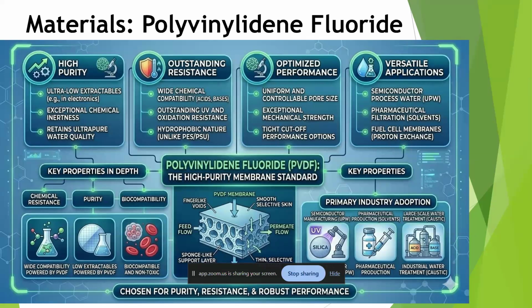It can be used for multiple applications, not just in water purification and gas separation, but also in fuel cell membranes and other applications where the layers are used in between.